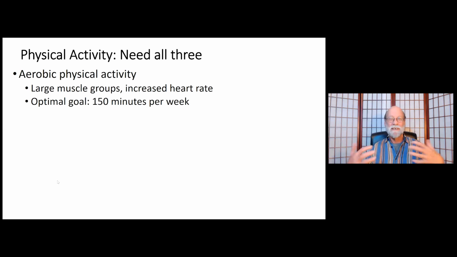We're doing mechanical work when we're doing aerobic physical activity. And the goal optimally should be to have 150 minutes per week of moderate to vigorous aerobic physical activity. And that's a lot. So again, I like this idea of this is our aspiration. We need to start moving towards that aspiration.